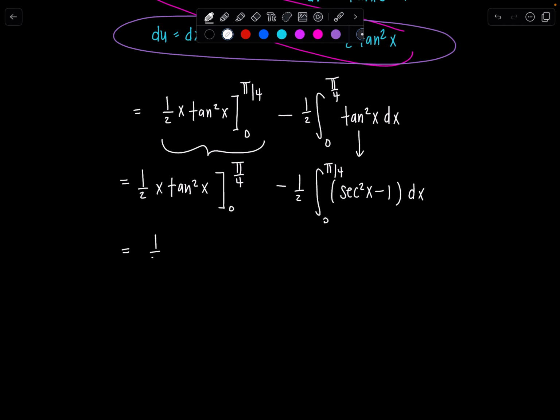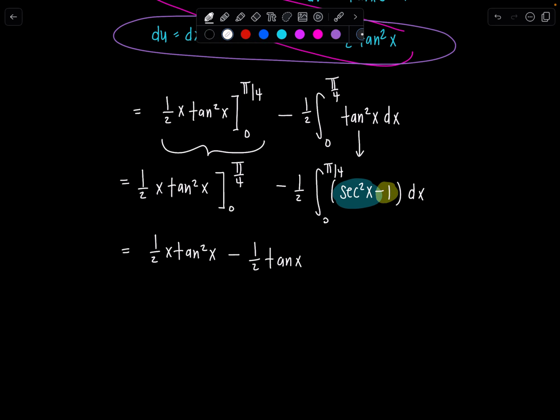So I'm going to write 1/2 x tan squared x, no bracket now because I'm going to anti-differentiate the rest of it. Do you see what I'm saying? Minus, so look carefully. Antiderivative of secant squared x is tan x. So I have minus 1/2 tan x. And then antiderivative of 1 with respect to x is just going to be x.